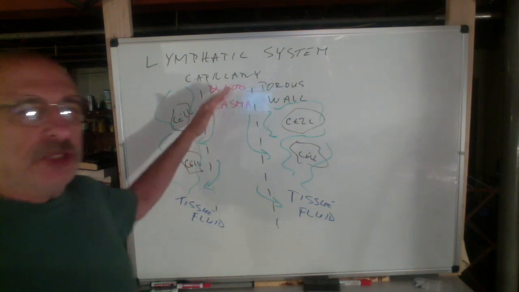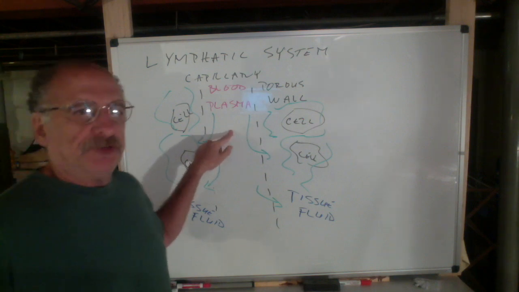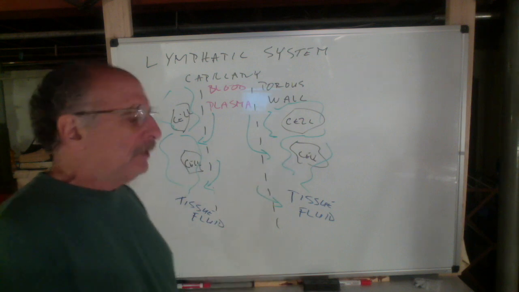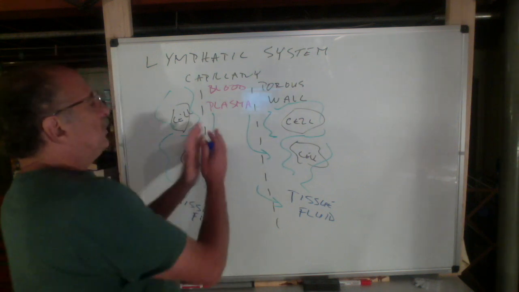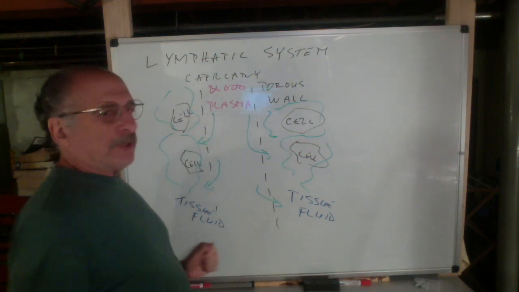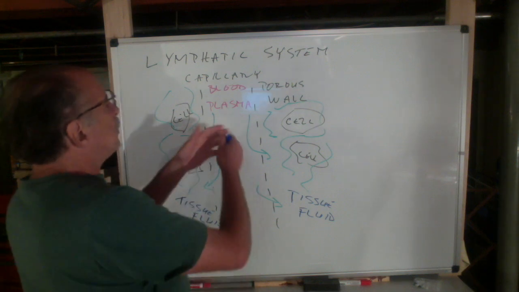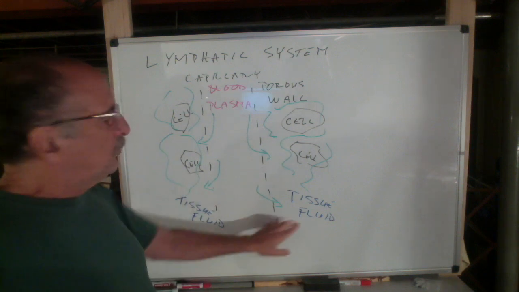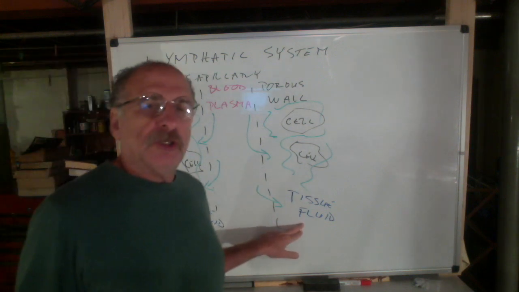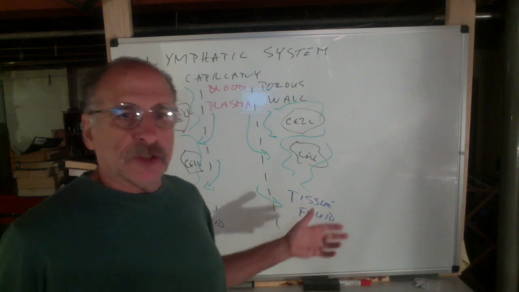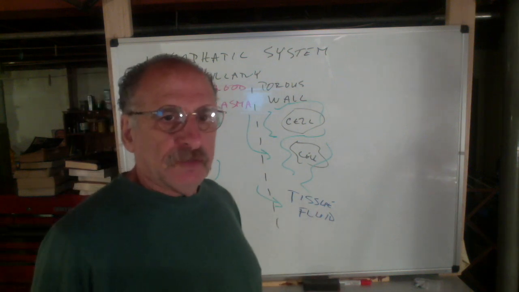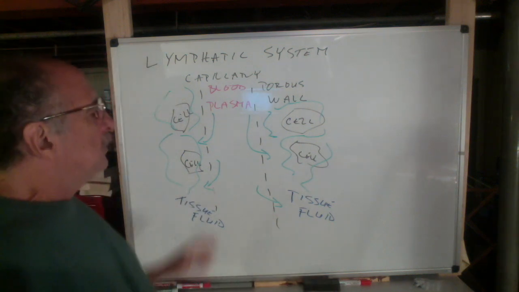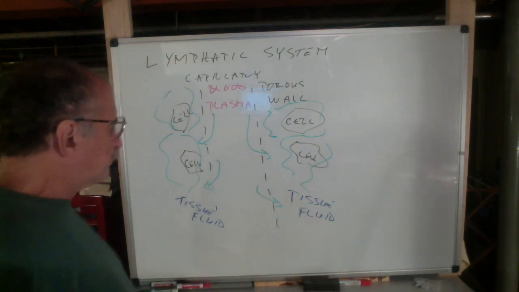So it's not only called plasma when it's in the capillaries, the liquid part of blood is called plasma, whatever type of vessel it's found in. It's pushing out against the wall of the capillary. The wall of the capillary is porous, so the fluid leaks out. It collects around the cells, and then we could call it tissue fluid, or some of you may already know it could also be called interstitial fluid. If you don't know that, don't concern yourself with it right now. We'll just call it tissue fluid.